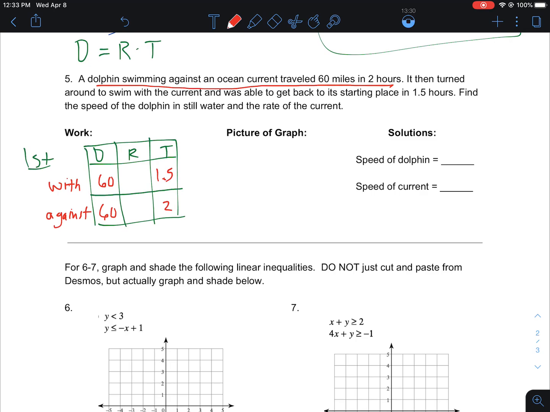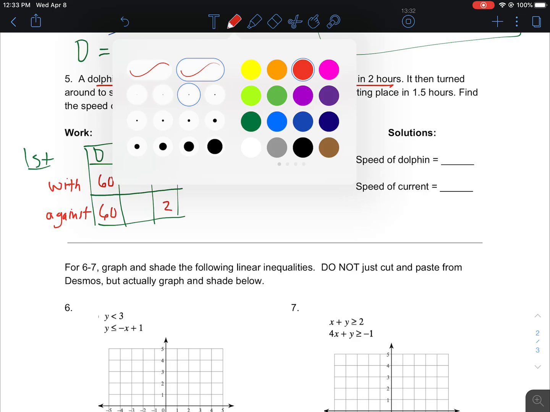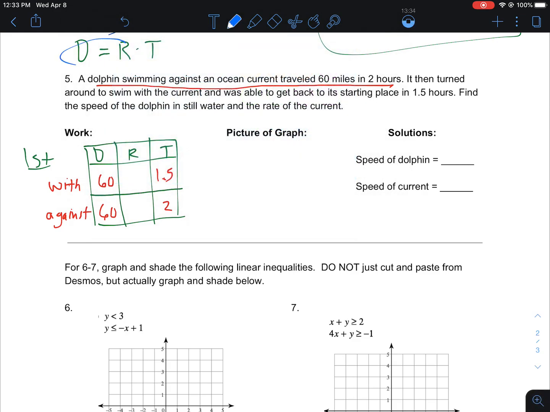Now, what you need to do to find R in this case is imagine this formula. To get R by itself, you would have to divide both sides by T. So rate is equal to the distance divided by the time. So essentially, to find R in these problems, you need to find 60 divided by 1.5 or 60 divided by 2.